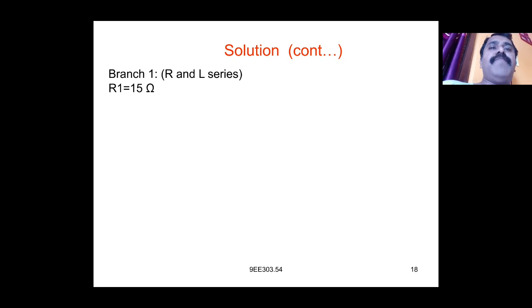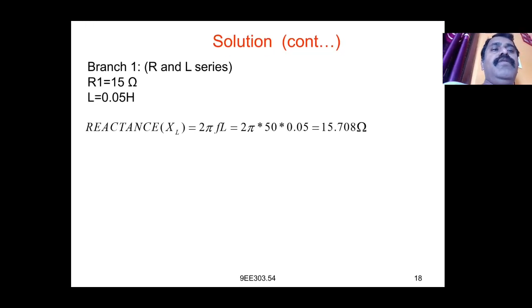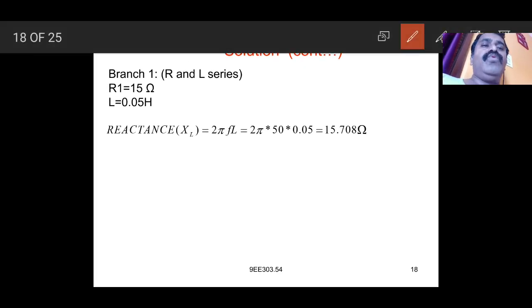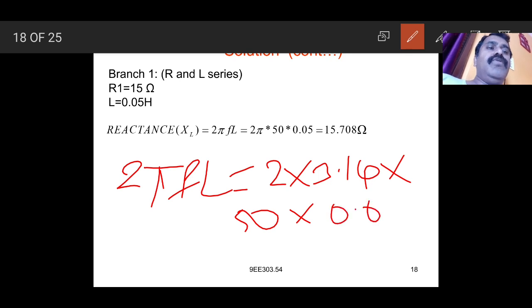R and L in series, so branch 1 we can connect. R1 is equal to 15 ohms, L is equal to 0.05 henries. So the reactance XL is equal to 2 pi f L, that is 2 pi into 50 into 0.05, which is equal to 2 into 3.14 into 50 into 0.05, so that we get 15.708 ohms.